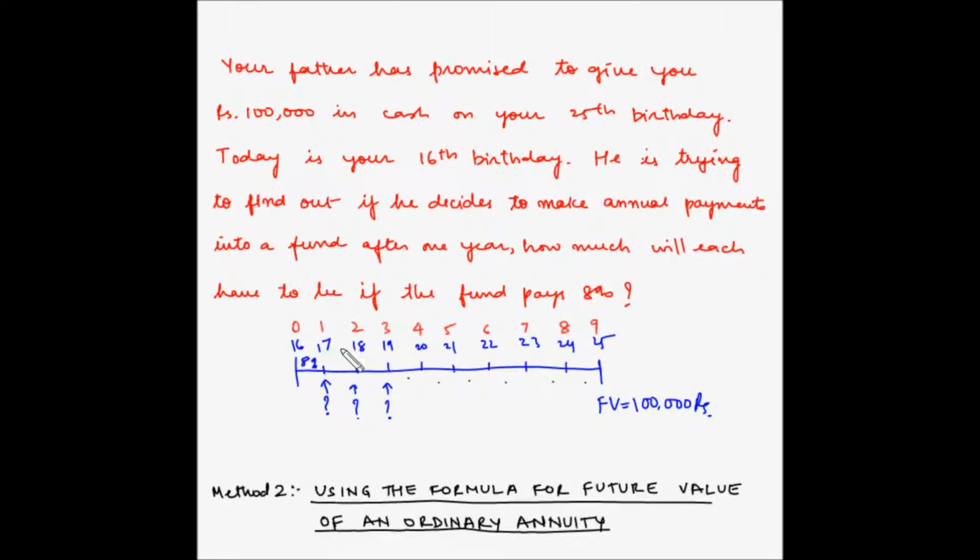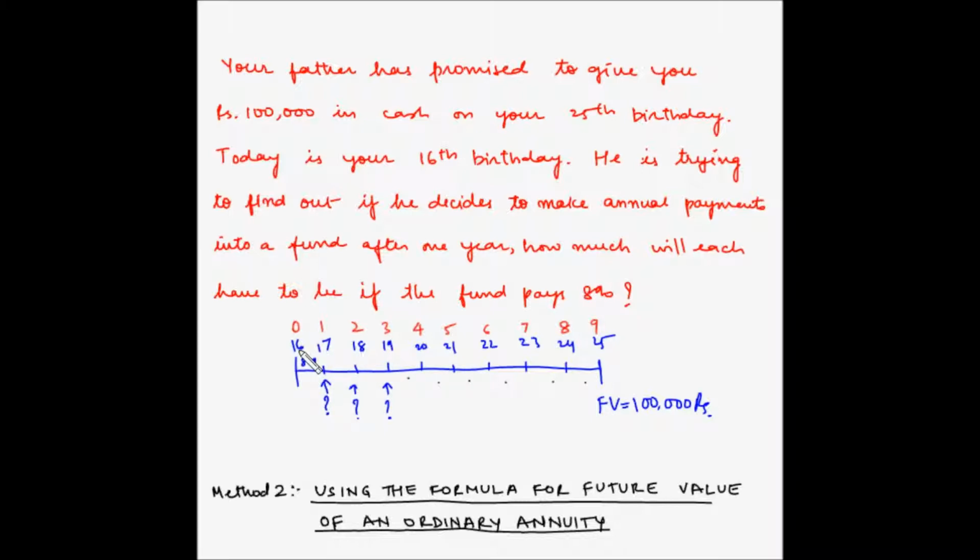So here we were given that the deposit is being started from the 17th birthday, that is 1 year after the 16th birthday, and on the 25th birthday the future value or the total amount of the fund should be equal to 100,000 rupees.